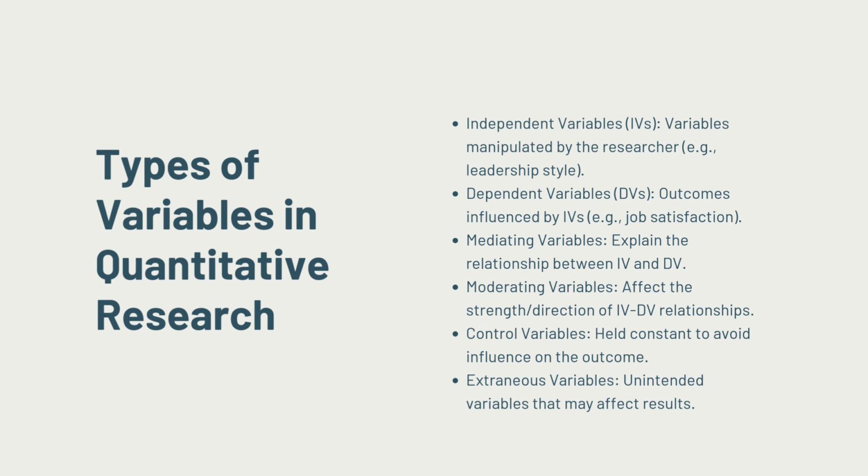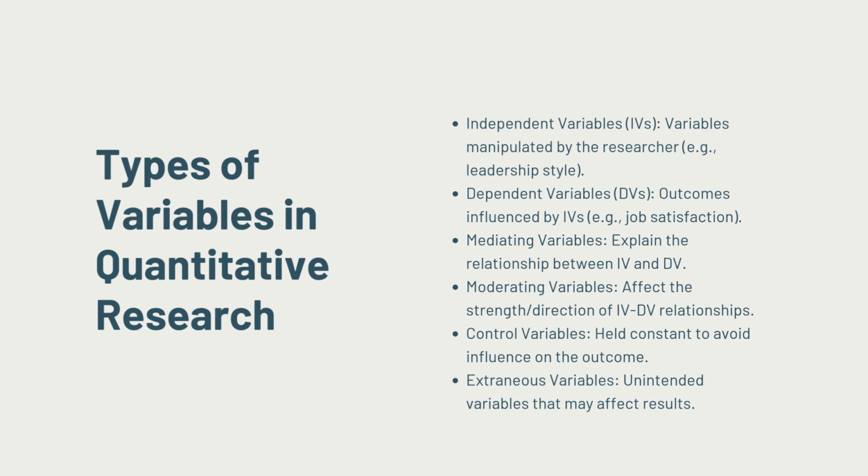So again, the IV would be the kind of leadership style, and the DV would be employee productivity or job satisfaction. Hence, what you are doing is effectively measuring the effect or impact of the leadership style on how satisfied perhaps employees are with their jobs or how productive they can be.